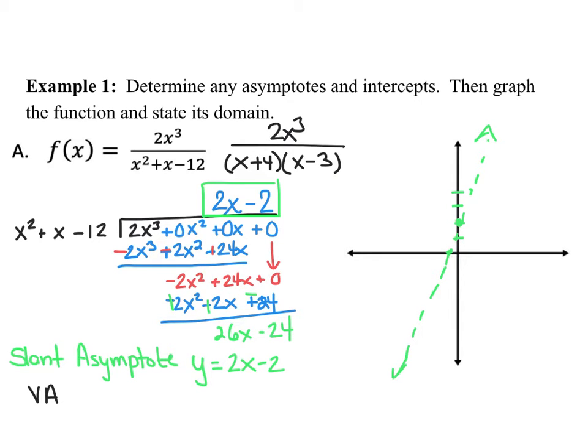Nothing cancels, so there are no holes, but there are 2 vertical asymptotes giving me infinite discontinuity at x equals negative 4 and x equals positive 3. So I'm going to add those to my sketch.